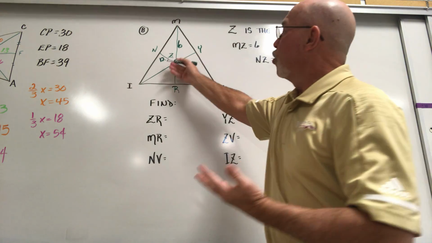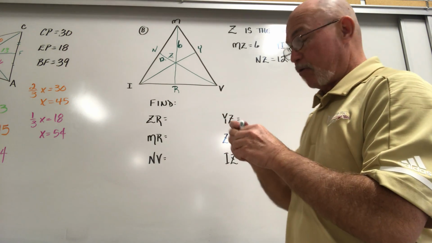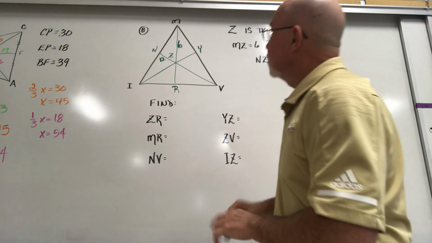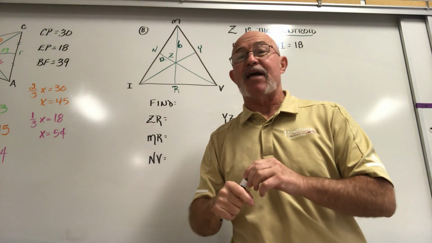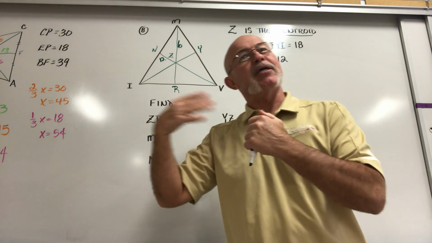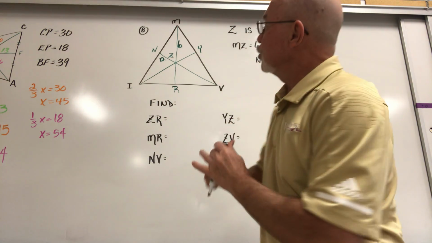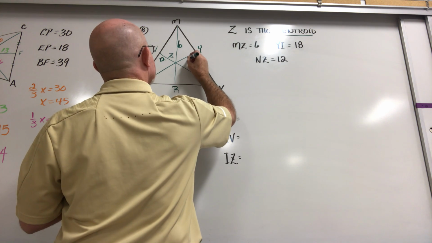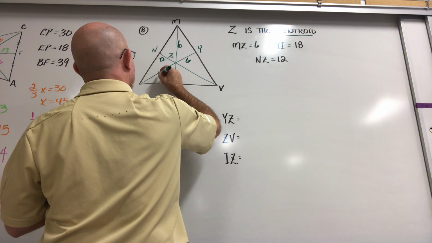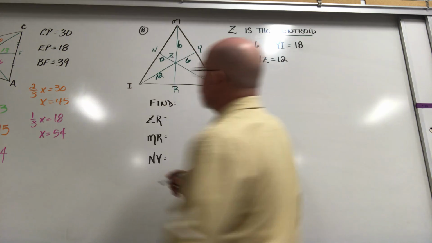So, once again, we're going to figure out what we've got here. The first one is, I'm just going to figure out 18 because I can break 18 down very easily into thirds because it's divisible by 3. So the short segment is going to be 6, and that means this is going to be 12.